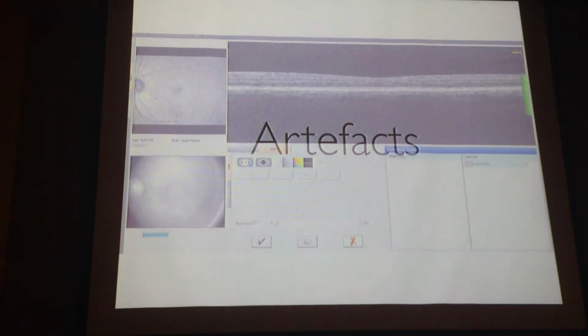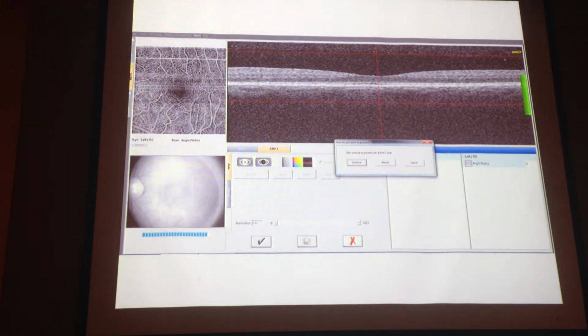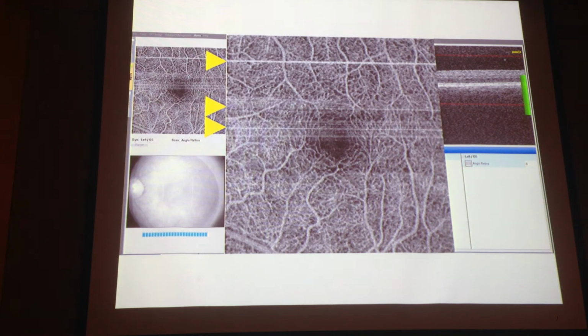What about artifacts? This is a normal image from people using the OCTA, taken probably not with the latest software, but one of the first. And when you get an image, you can get such artifacts.